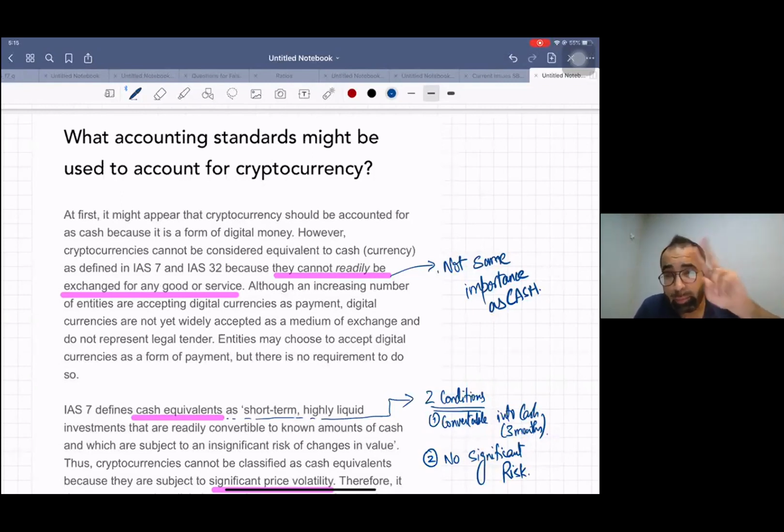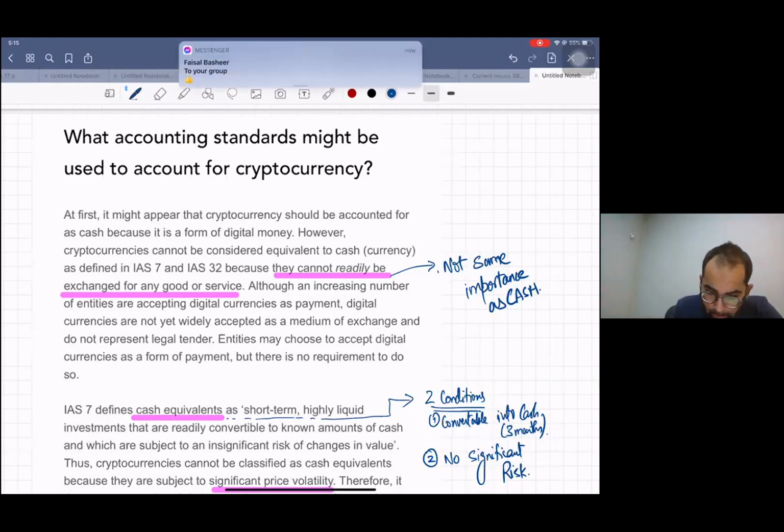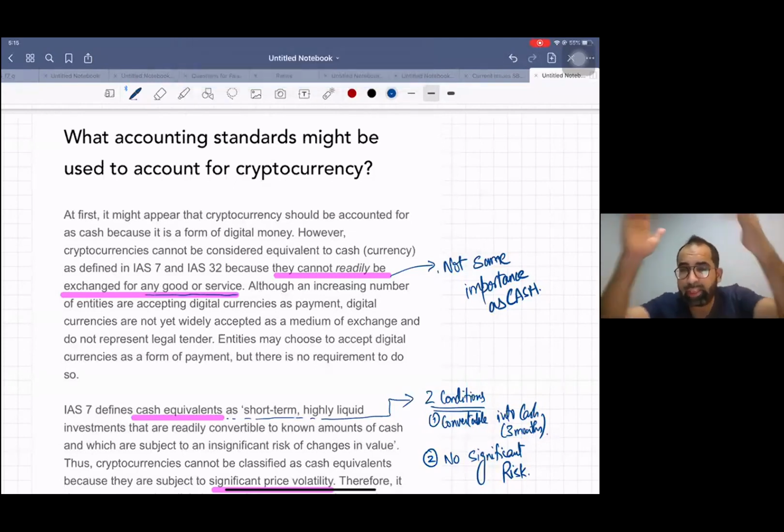Number two, the reason they have written here, see, because they cannot be readily exchanged for any goods or services. If you have cash, you can buy anything. If you have dollars, you can buy anything worldwide. They are exchangeable. By giving dollars, you can get pounds, you can get rupees.